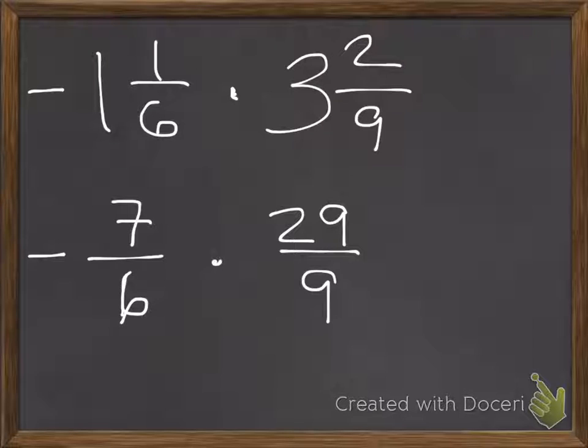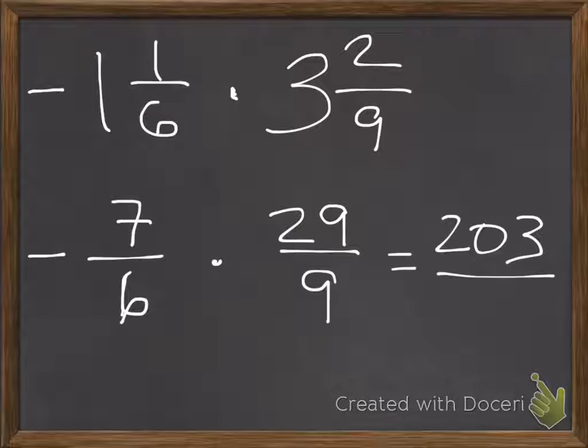I can't cross simplify before I multiply, so I'm just going to multiply the 7 times the 29 to get 203, and 6 times 9, which gives us 54. And we can leave this in improper form, but my answer is also going to be negative because I had one negative and one positive.